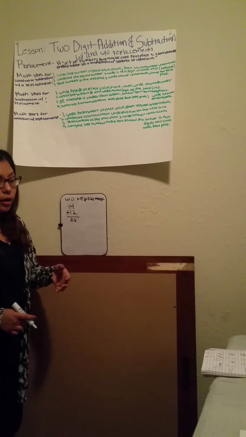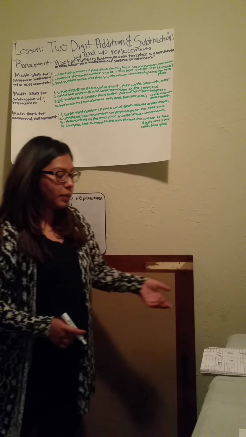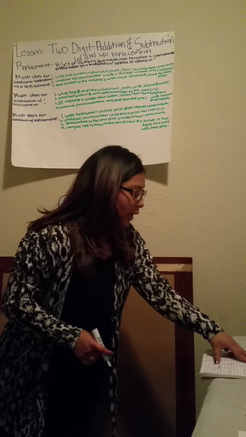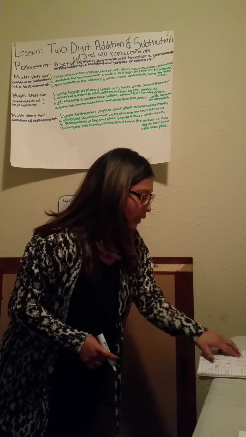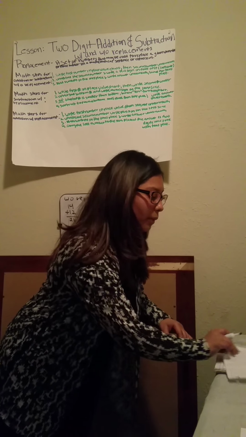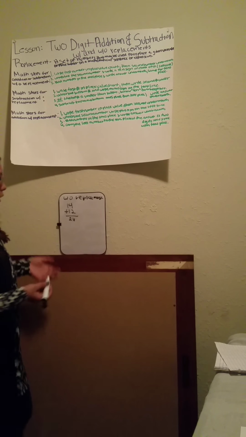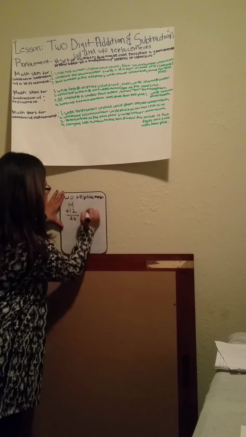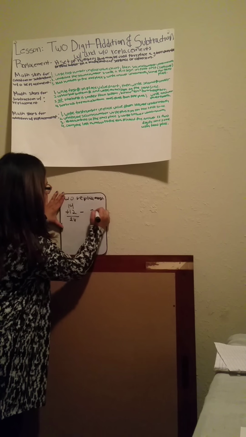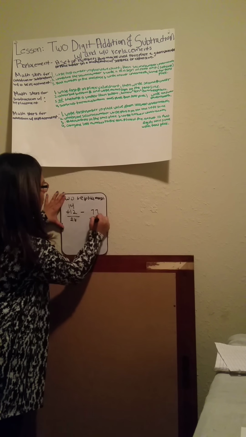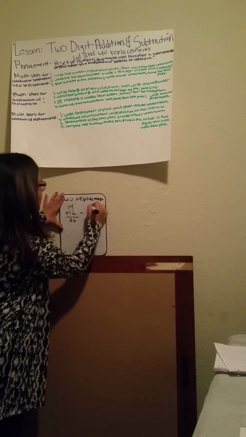So now let's go ahead and go over one of the subtractions without the replacement as well. Let's do 77 minus 23. And of course, we're going over the ones and tens place still.